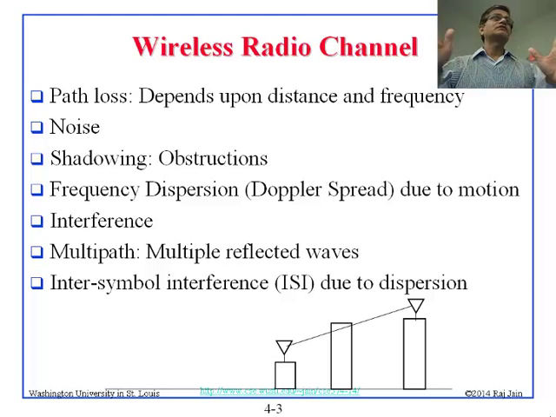Same thing happens to the wireless, except that you cannot see it. If there is something in between, the light can be blocked, and the same thing happens to the wireless, except that wireless signals do not just travel in a straight line, so they can go around the buildings. Although you will see the effect, they can go around the buildings.